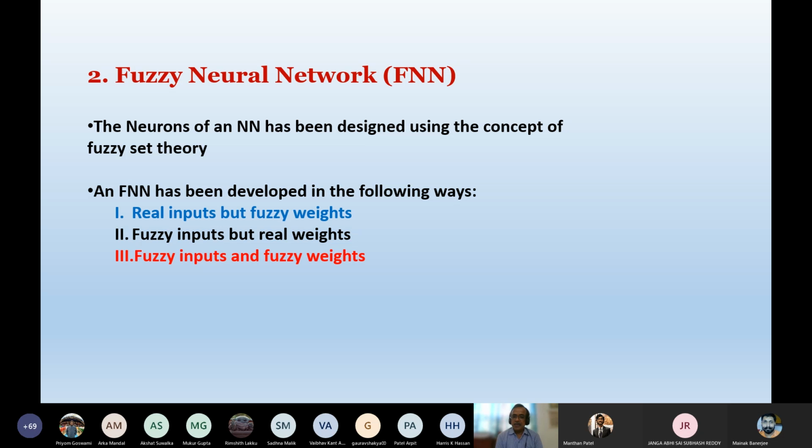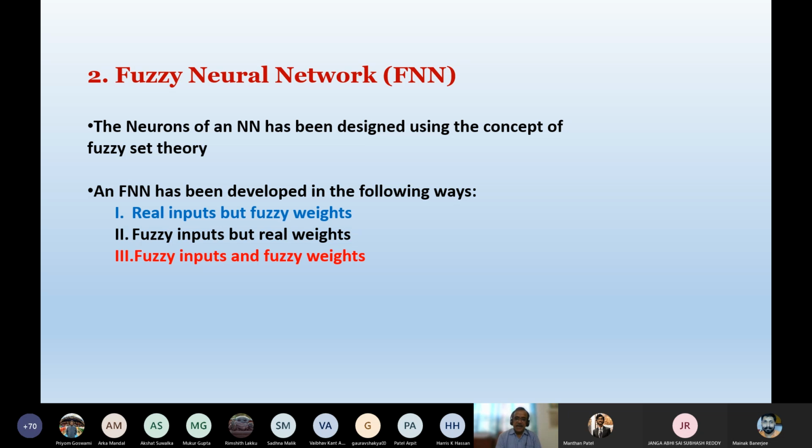As I told you, there is another combined technique using fuzzy logic and neural network, called the fuzzy neural network, in short FNN. Here the purpose is just the reverse. The neuron of a neural network is designed using the concept of fuzzy set theory.